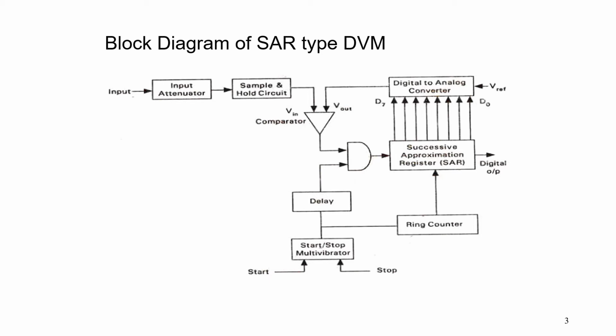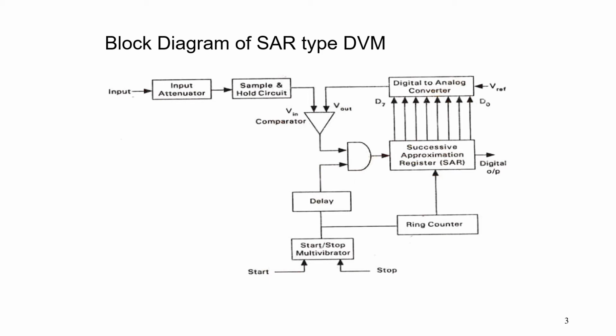Basically, a ramp type DVM consists of a linear ramp which is positive going or negative going. The range of the ramp is plus or minus 12 volts, while the base range is plus or minus 10 volts. In this case, a negative ramp is selected.